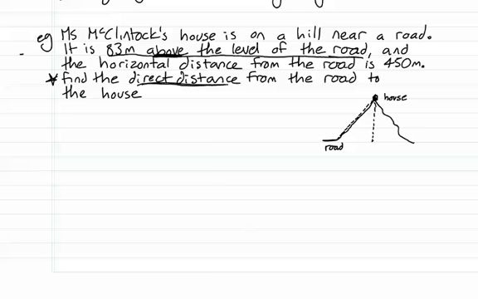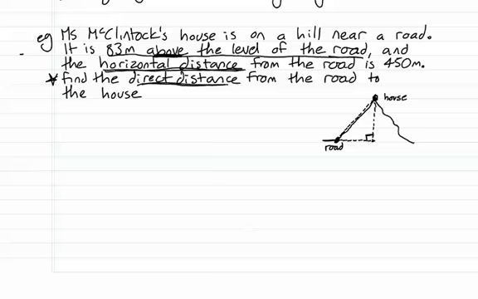And then they say the horizontal distance from the road. That means go from the road and horizontally go across until we get to straight under whatever the object is that we're dealing with, my house in this case. And because horizontal is straight across and vertical is straight up, I know that has to be a right angle.